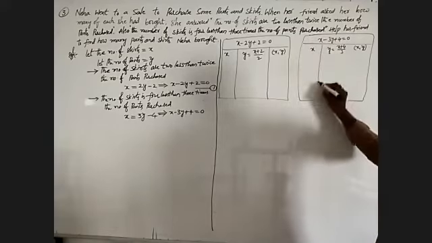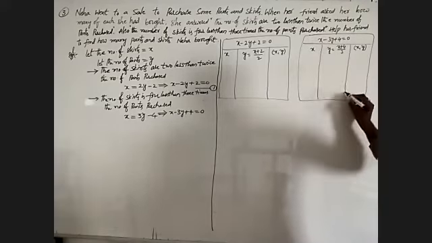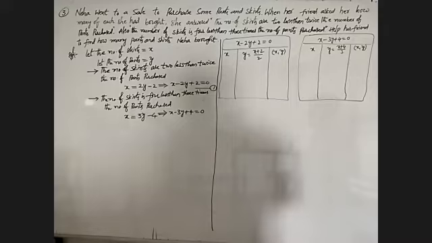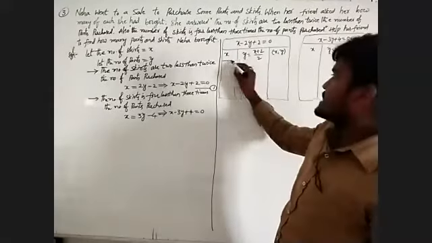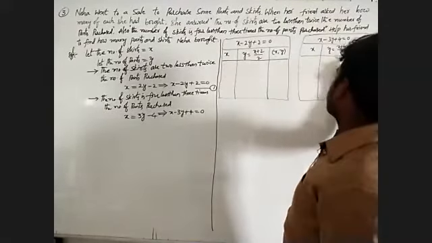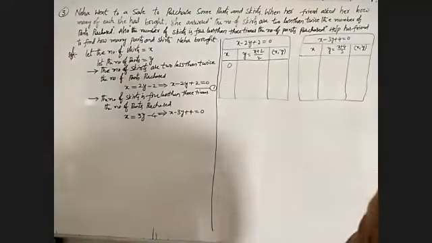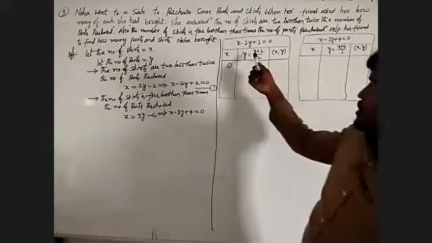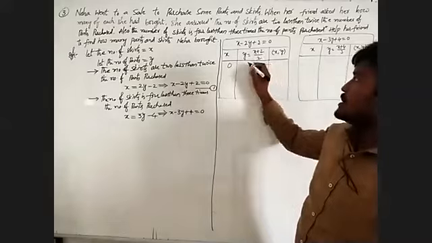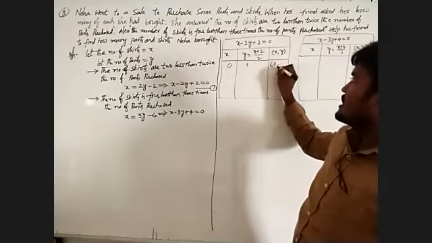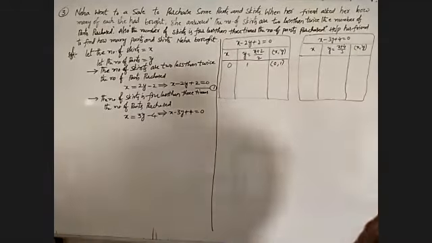We have to take some values. We will observe. First I take x is equal to 0. That means 0 plus 2 by 2, that becomes 1. The given value is 0 comma 1.